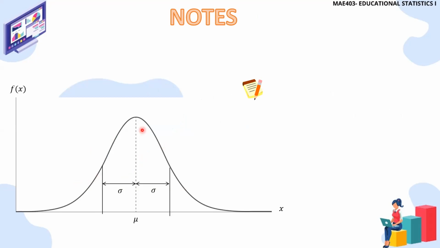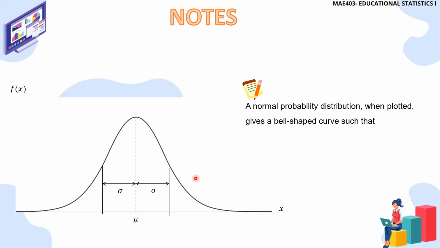So here is the bell shape of the symmetric normal distribution, where you can see that the center, or the peak, refers to the mean, and the spread is determined by sigma. So this is a symmetric bell curve.